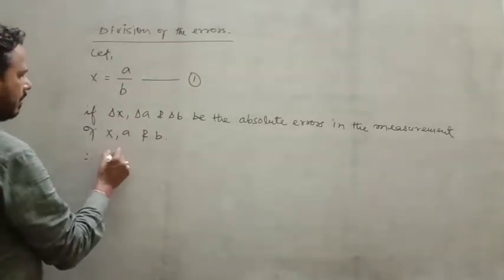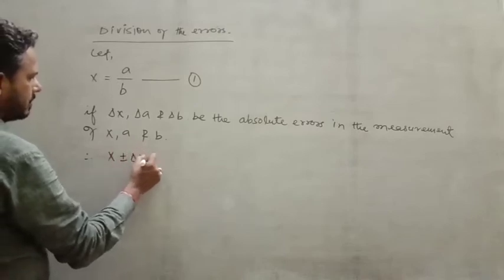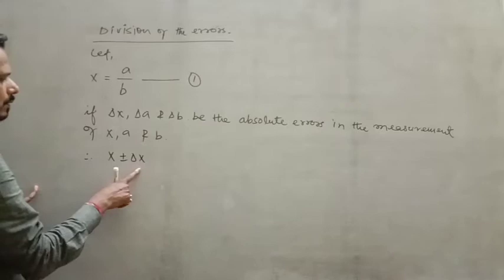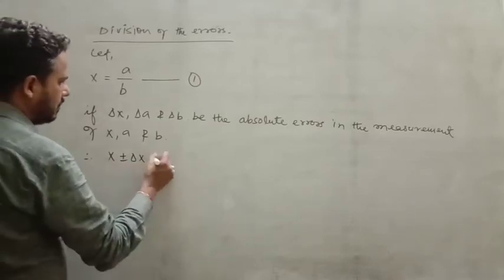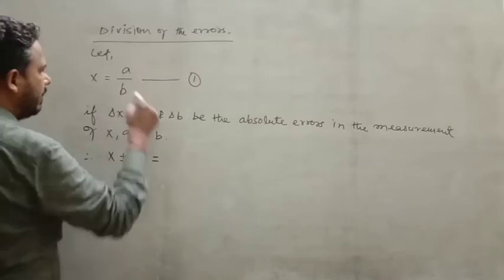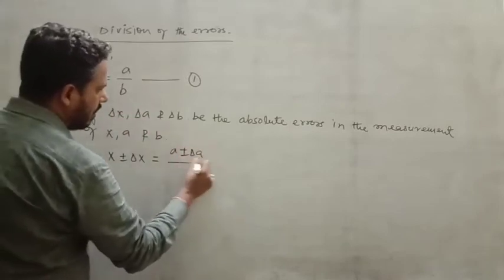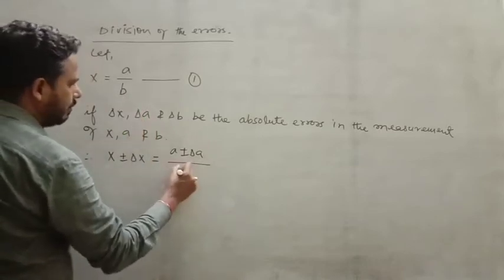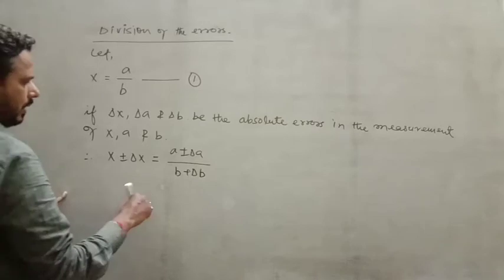So simply write down that x plus minus delta x, this will be the absolute error of the resultant x. So this is equal to a plus minus delta a divided by b plus minus delta b.